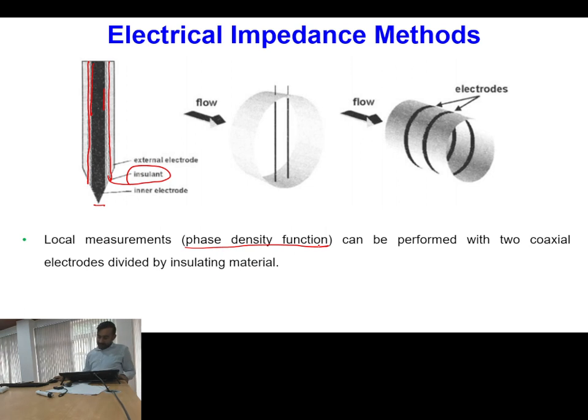This is the first type of probe. The second type of probe has two wires.